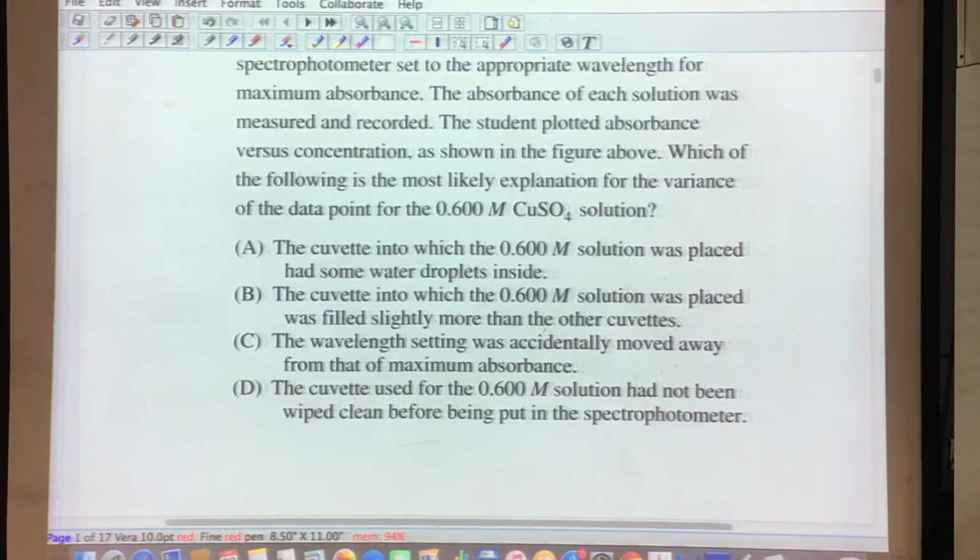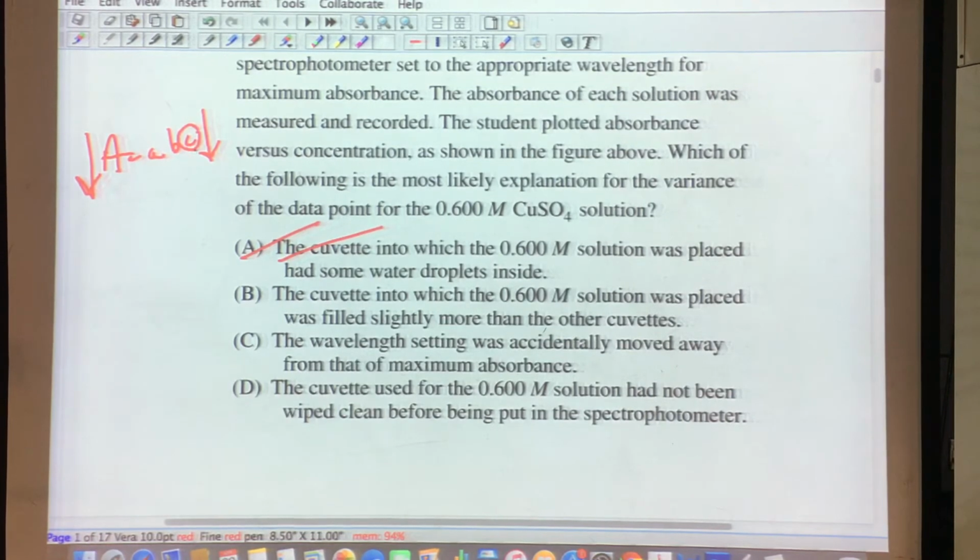Now, if there's some water droplets, would that diluted or concentrated? Diluted, which means the absorbance would be higher or less? Less, because if it's A equals A, B, C, there's less concentration if you had some water, so the absorbance would be lower. So A makes no sense. Okay, the cuvette into which you add this was filled more than the other cuvettes. Having more of it, does that change the concentration?